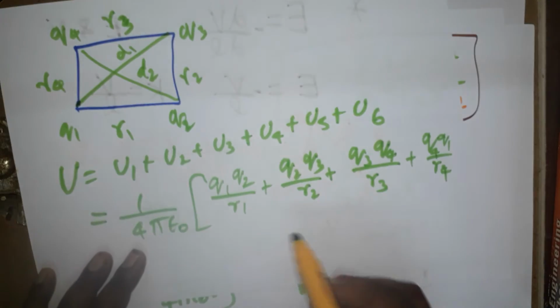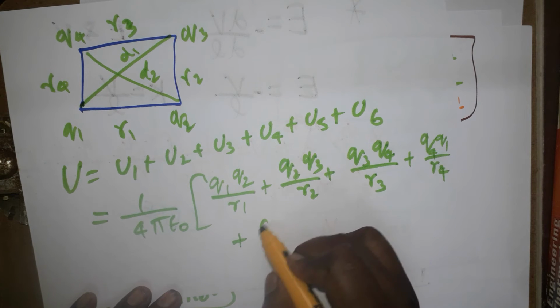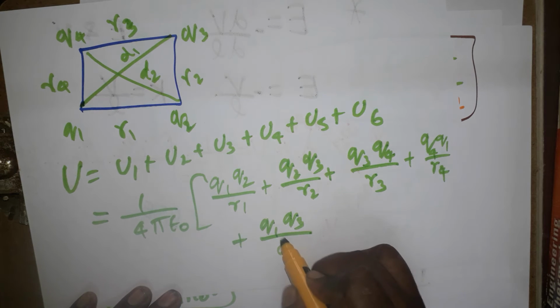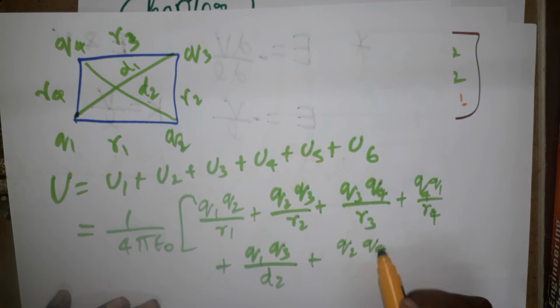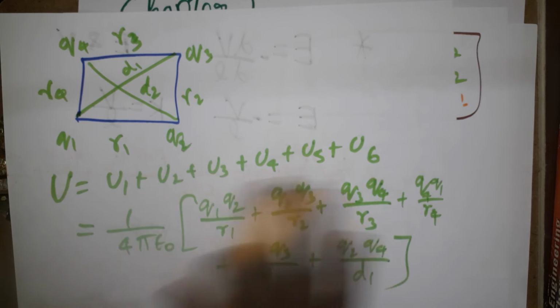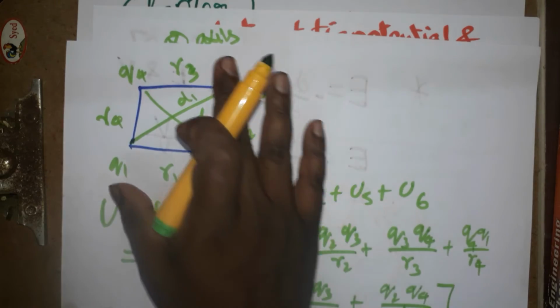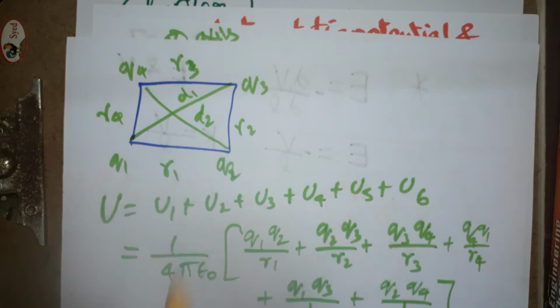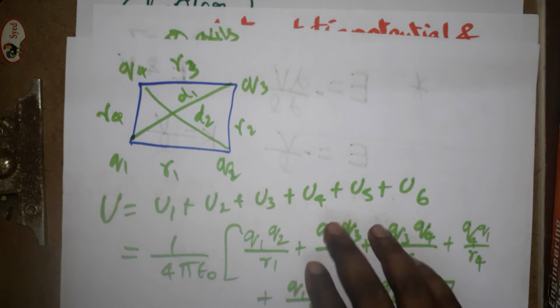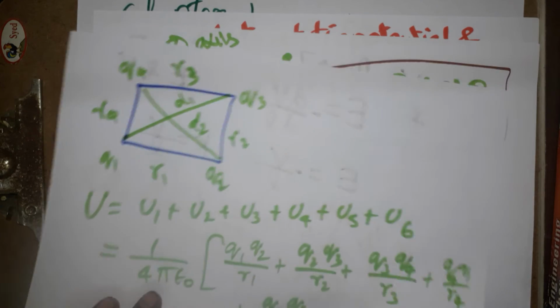Then on the diagonal sides, Q1 Q3 divided by D2 plus Q2 Q4 divided by D1. This much energy is required to make the arrangement of this system. Okay, next formula.